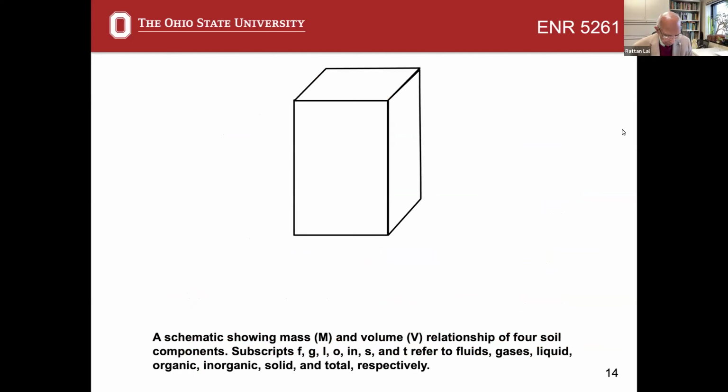Finally, I want to leave with you today a series of equations which relate the components: solid, water, and gas. Three phases and four components, because the solid phase has two components.